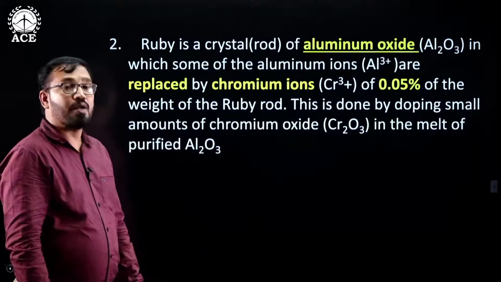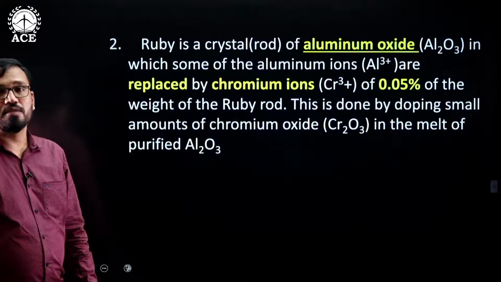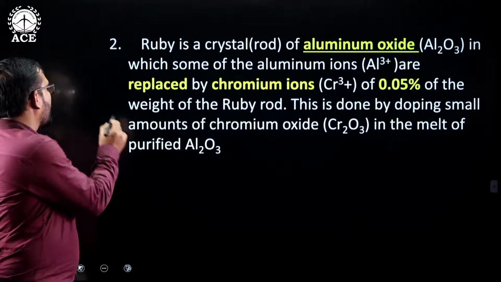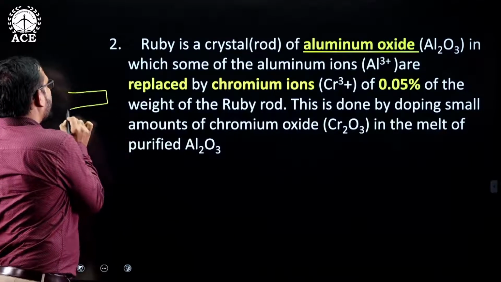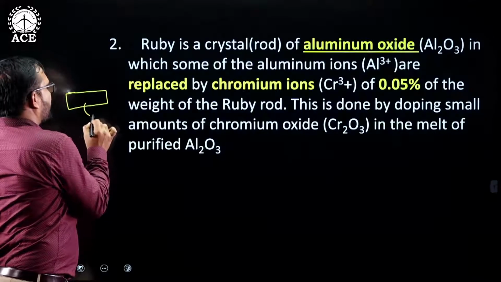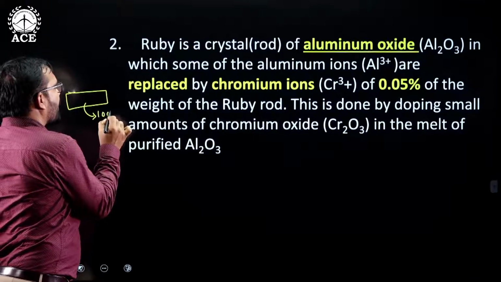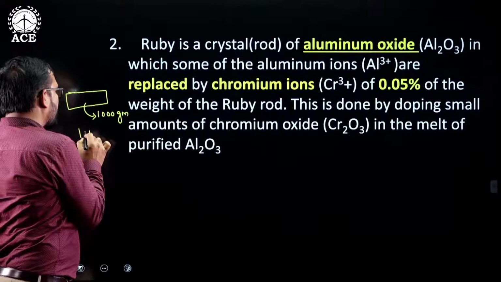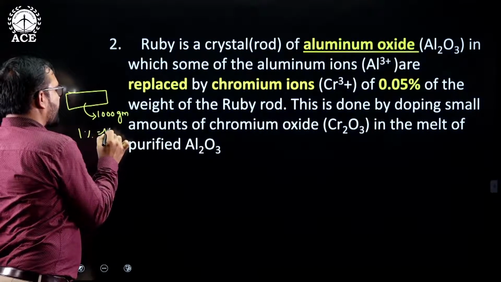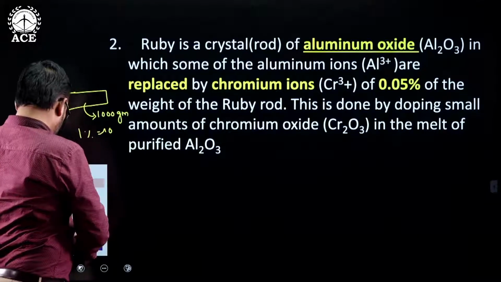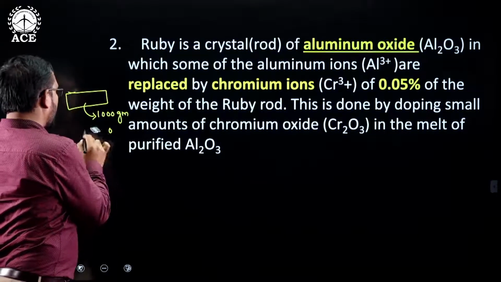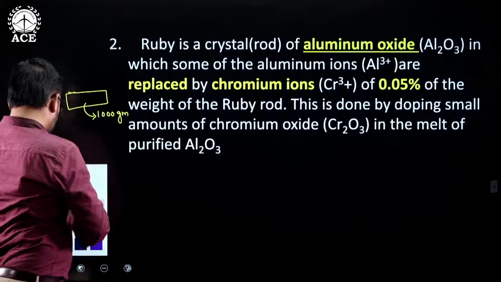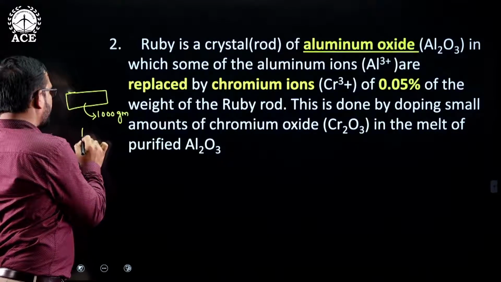How much are we doping Cr2O3? For example, if the ruby rod weighs 1000 grams, what is 1% of 1000 grams? 10 grams.